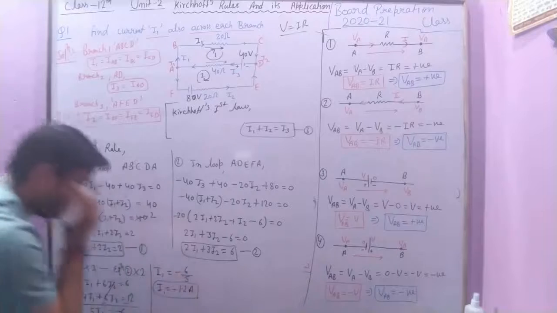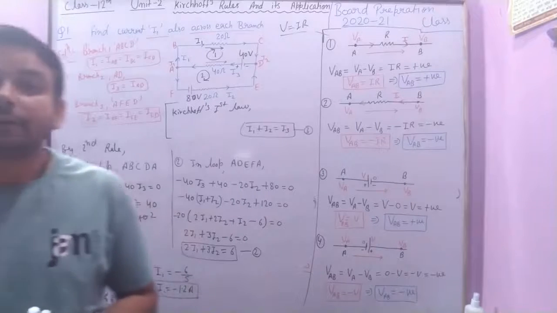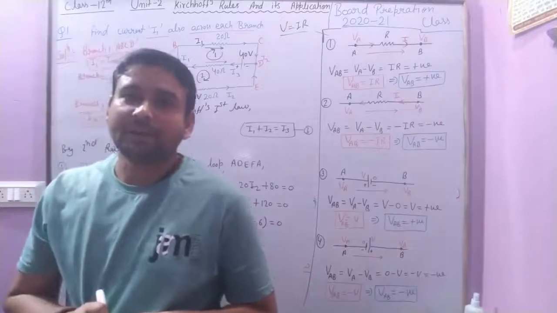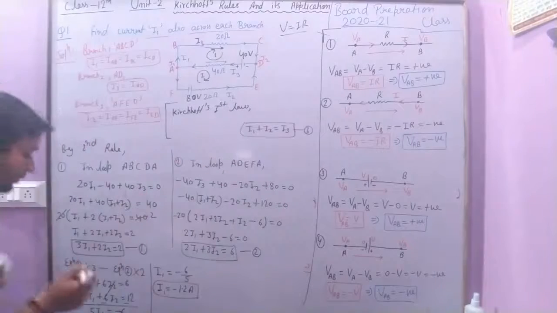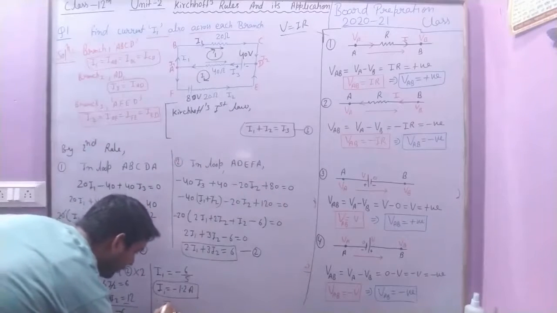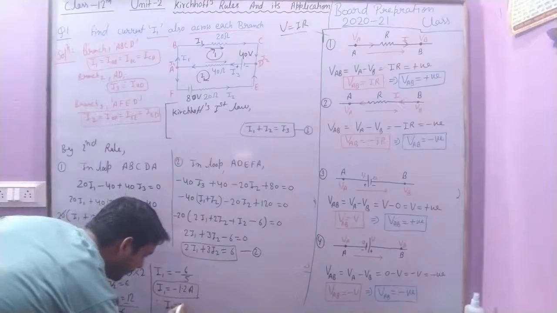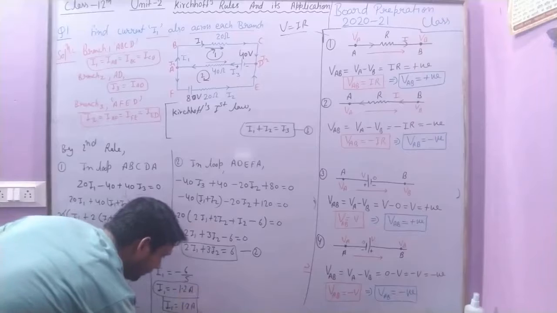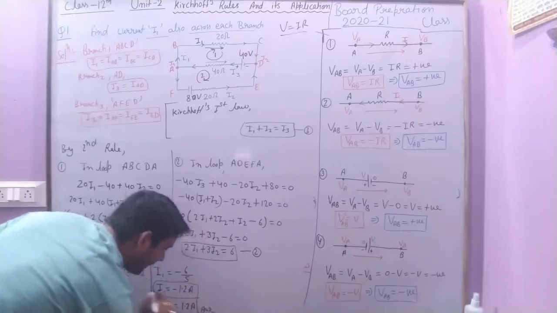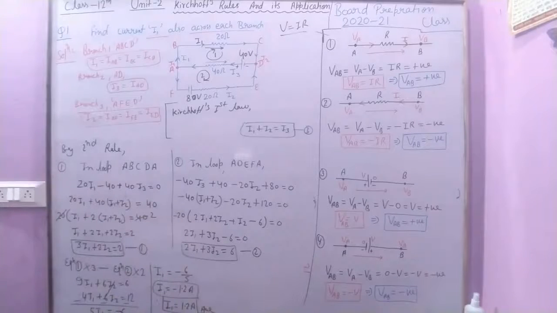And students, as you know, current is a scalar quantity here, so it would be positive. Therefore you can use this result, I1 is equal to 1.2 ampere. Okay, this is your final answer. Note it.